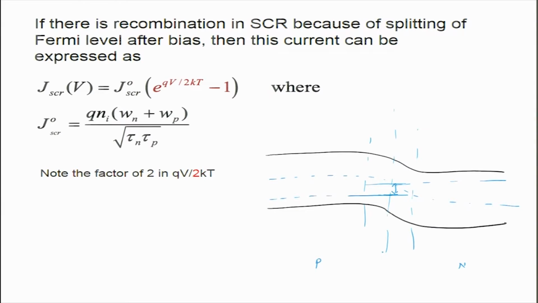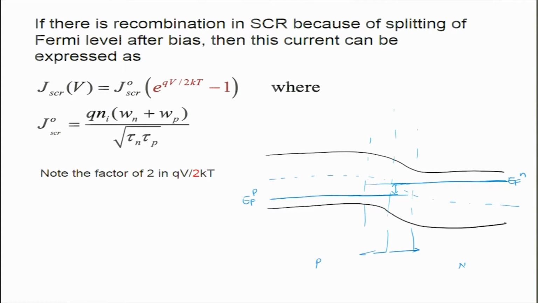So, within this also you have a change, since the Fermi levels are now split. So, you have a Fermi level EFP, and this is EFN, and because of this split of the Fermi level within the space charge region, you have, because remember this is also p type, although it is a depletion region, it is a p-type semiconductor, and this is an n-type semiconductor.